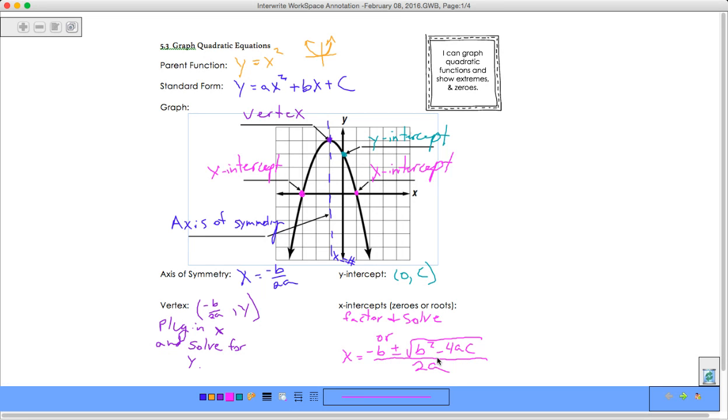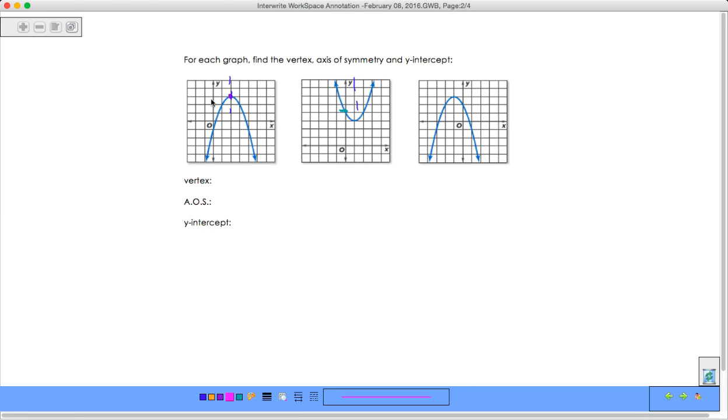Okay. So either way, those solutions are where it crosses the x-axis. Alright, so let's look at some graphs.